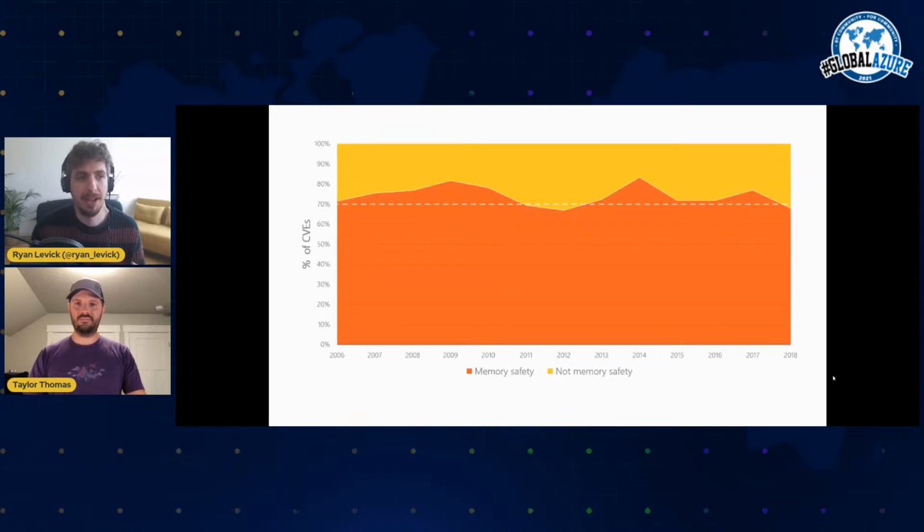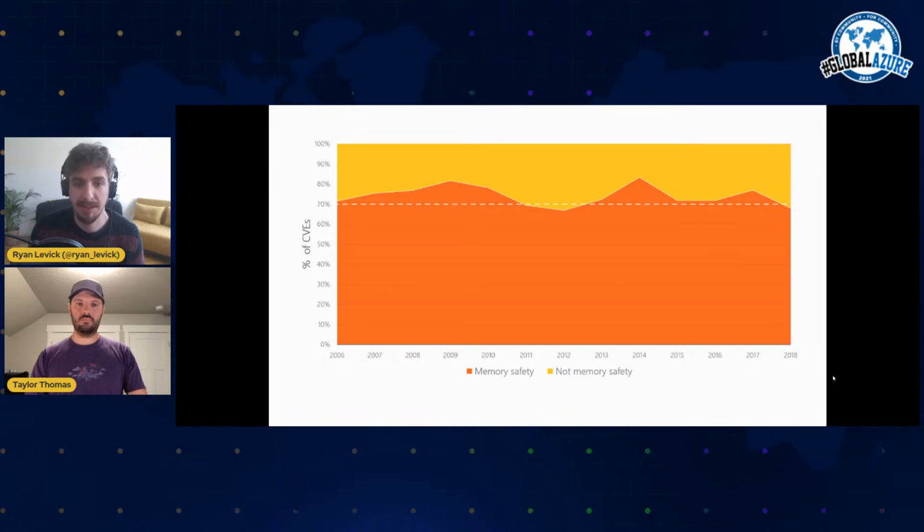If you look at the percentage of these very severe security vulnerabilities, about 70% of them are due to memory safety issues, the incorrect use of memory. And 30% of them don't have to do with that; they're kind of logic bugs or something like that. So it stands to reason, if we can address this memory safety issue, then presumably 70% of our worst security vulnerabilities will just disappear.